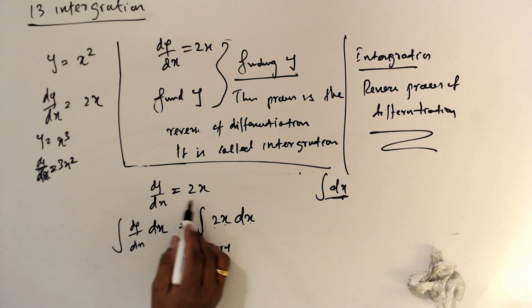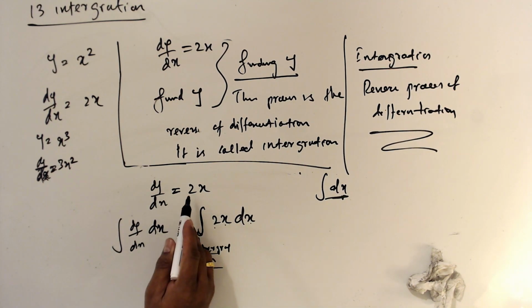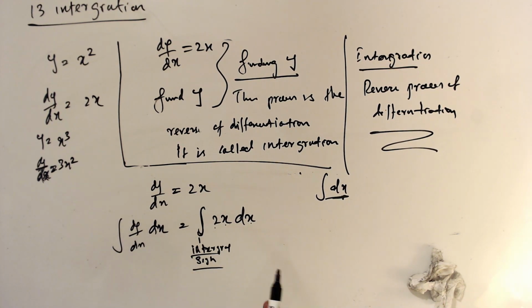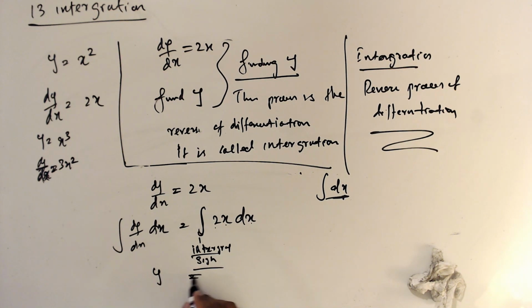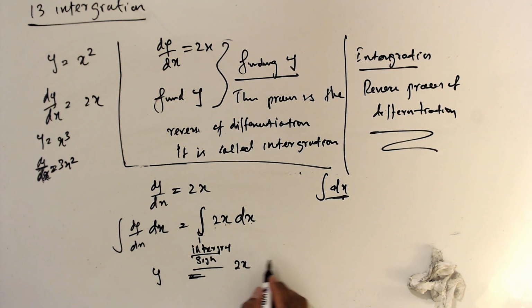This is an equation. If we apply any process to the left side, we have to do the right side as well. Then this becomes y, and for 2x to the power 1, we add 1 to it and divide by 1 plus 1.